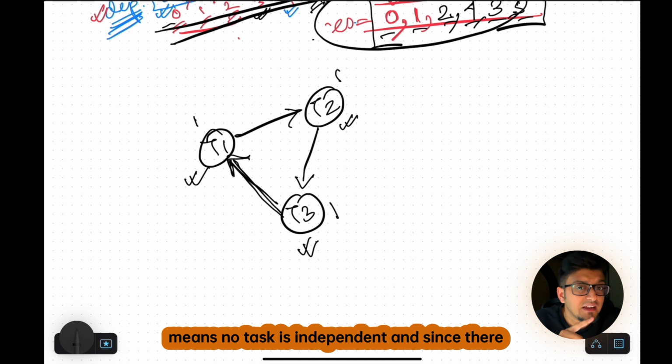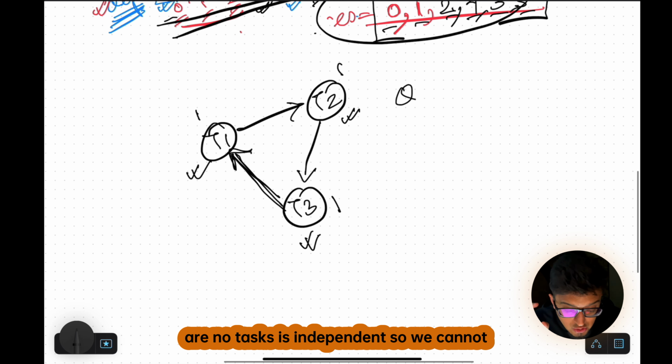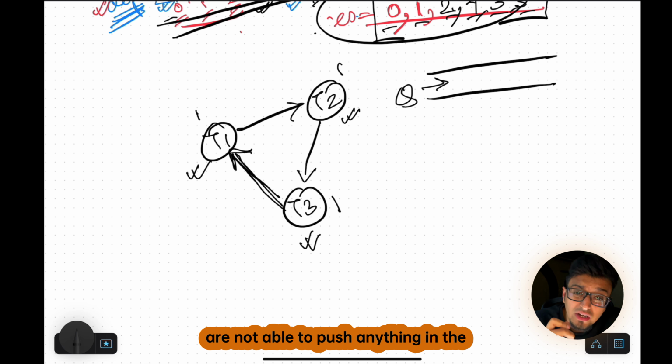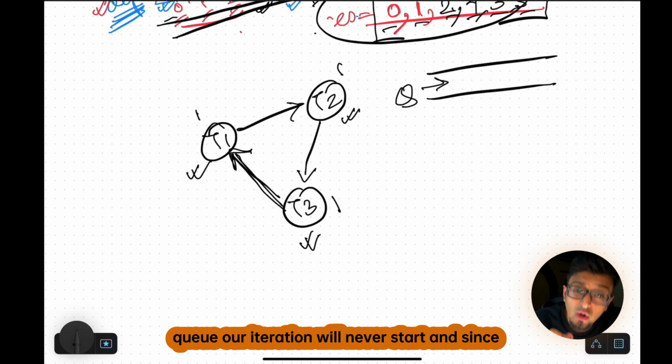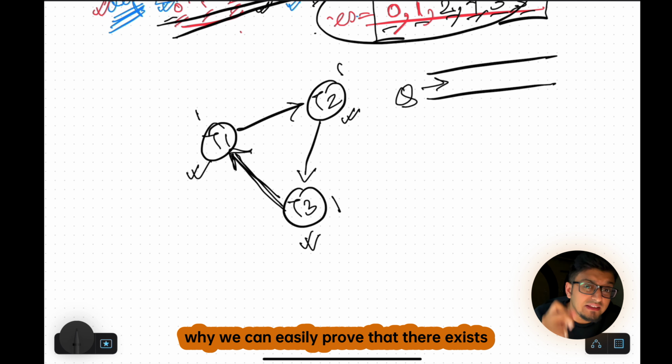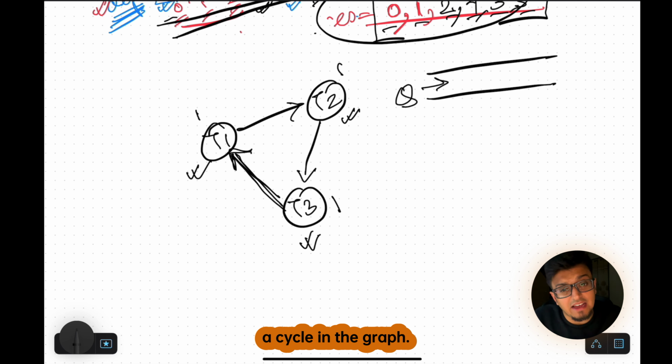Since no task is independent, we cannot push anything in the queue, our iteration will never start, and that is why we can easily prove that there exists a cycle in the graph.